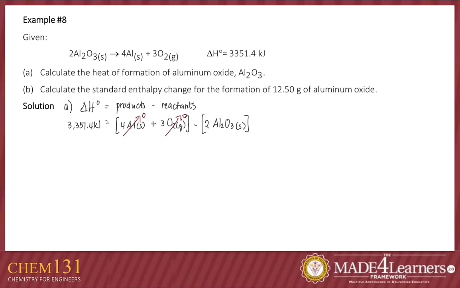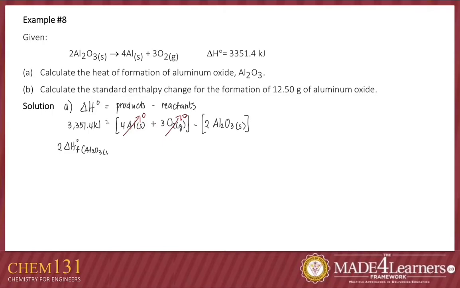So this will become positive 2, and to make it clear, 2 delta H degrees of formation of Al2O3.